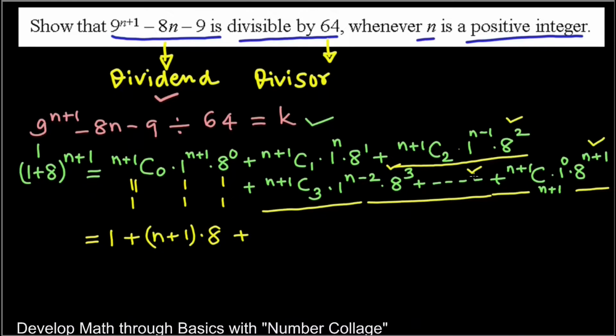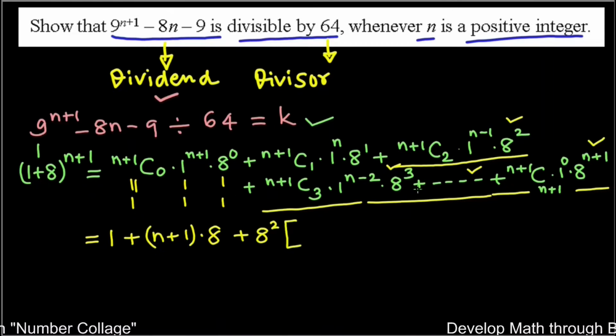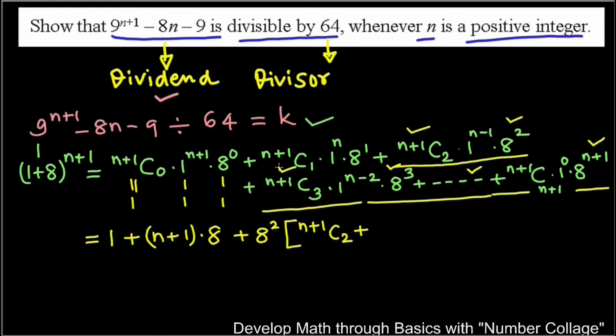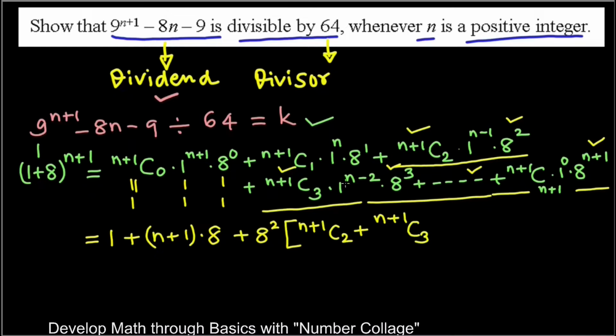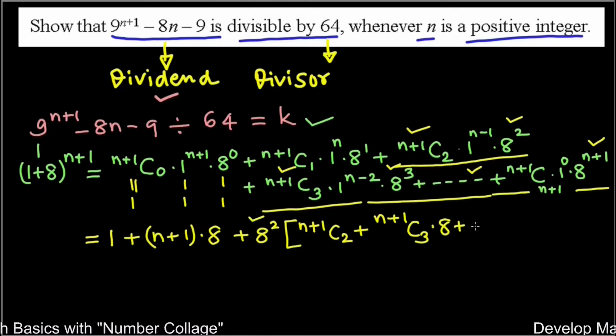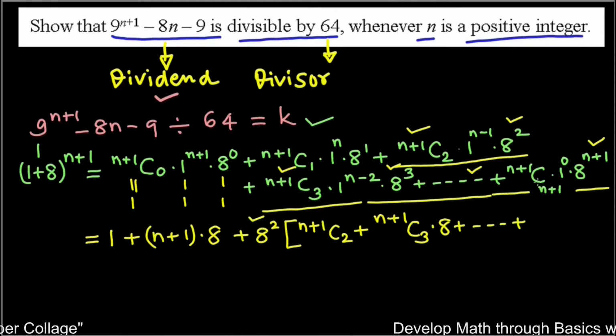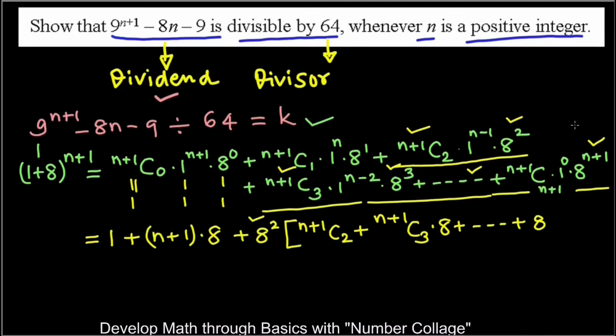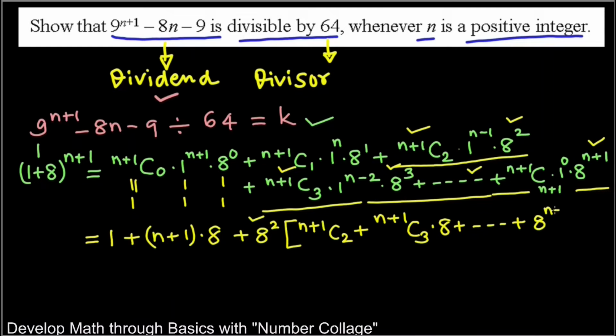So we will take 8 square common from all these terms and write 8 square into bracket this n plus 1 C2, 1 raised to n minus 1 will be 1, plus this n plus 1 C3, 1 raised to n minus 2 will be 1 again, and 8 cube divided by this 8 square will give us 8, plus so on and so forth, plus n plus 1 C n plus 1 will be 1, 1 raised to 0 will also be 1, and this 8 raised to n plus 1 divided by 8 square will give us 8 raised to n plus 1 minus 2. So that will be n minus 1.